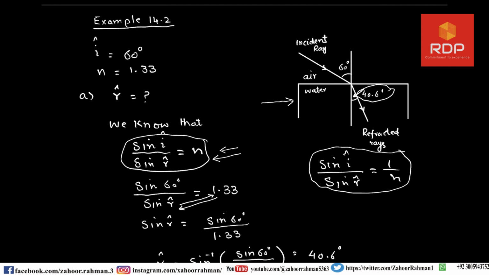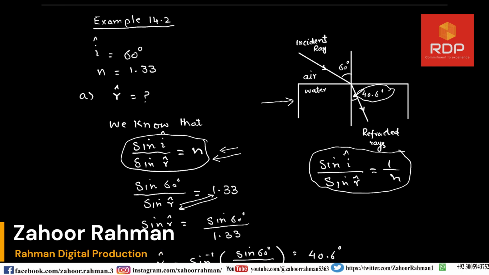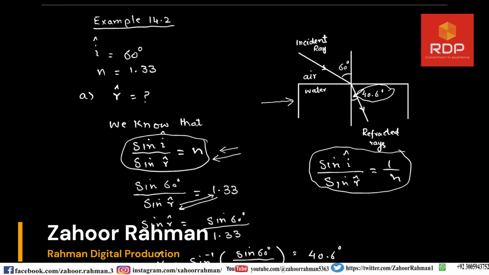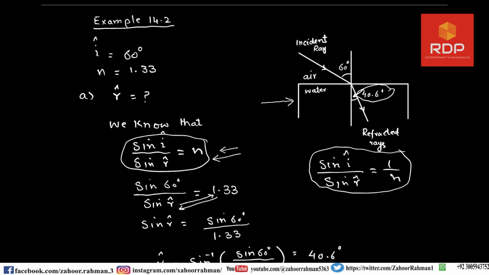Draw the complete diagram. Now we have seen so far that when light enters a denser medium at an angle, the light ray will bend towards the normal, as seen in this figure.